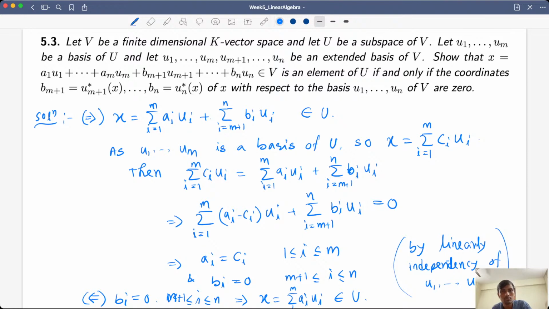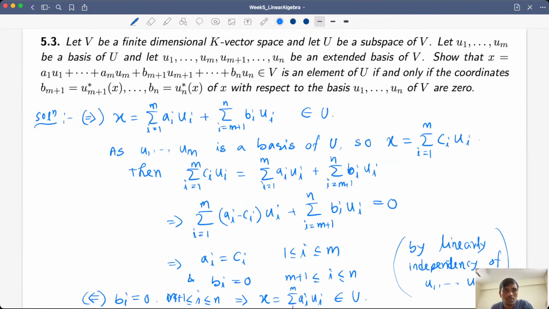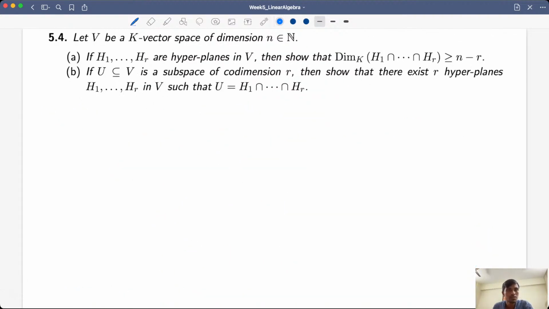Okay, so then let's go to the next question. In this question, suppose the dimension of the vector space V is n, and you have hyperplanes h1 up to hr in V. Then you need to show the dimension of the intersection of h1 up to hr over k is at least n minus r.